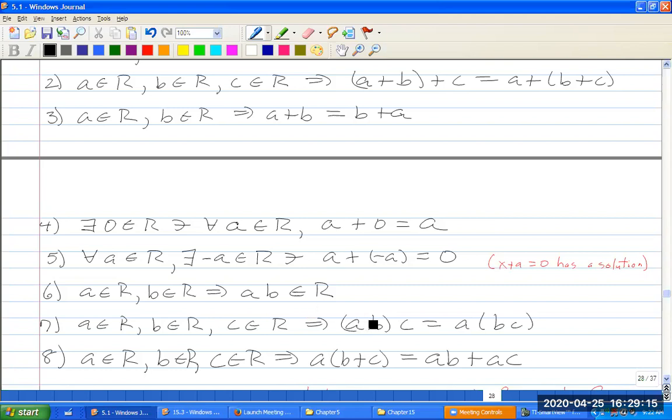A times B times the quantity C is the same as A times the quantity B times C. We also have that multiplication distributes over addition. A times the quantity B plus C is the same as A times B plus A times C.